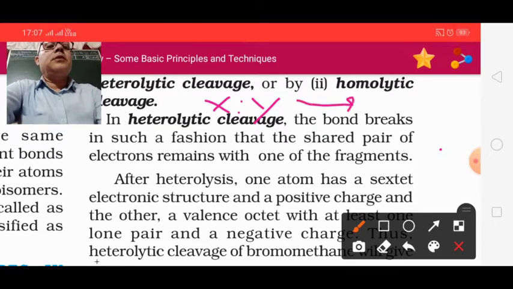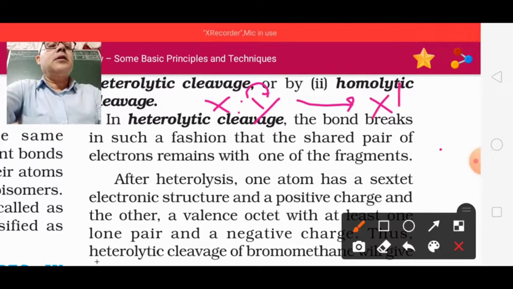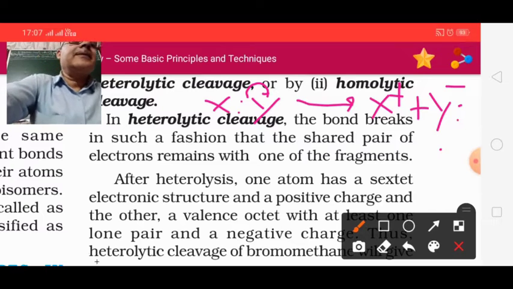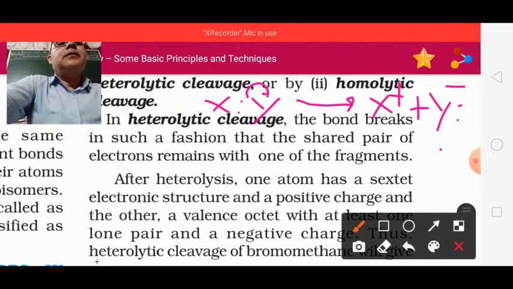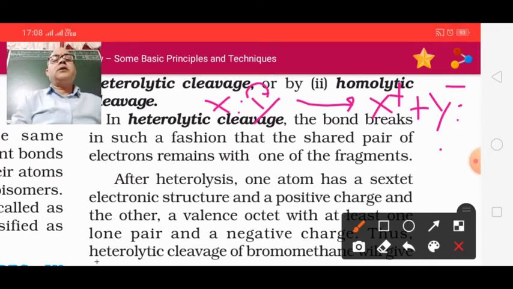When the bond cleavage takes place, the electrons go either to Y or to X. If the electrons transfer from X to Y, then there will be a plus charge on X and Y will have a negative charge with the shared electrons. It means unequal division. In heterolytic cleavage, unequal division of the shared charge takes place.